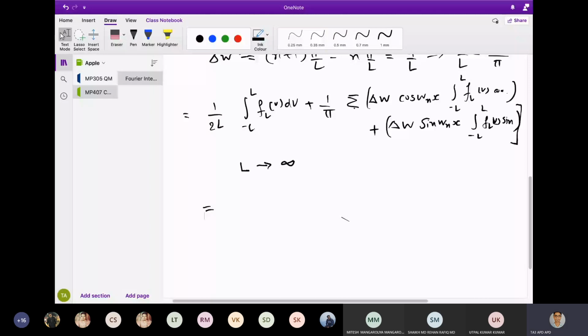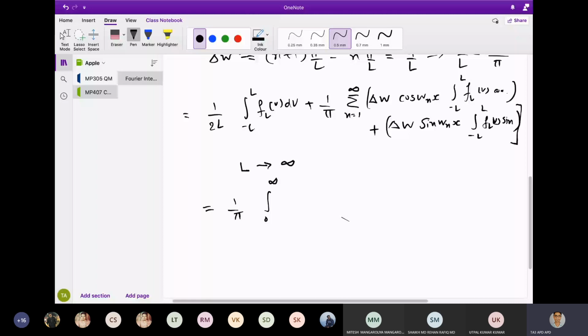1 upon pi, the summation n equal to 1 to infinity. Now this will turn into the integral instead of the summation, so the integral from 0 to infinity with respect to w. I will just write down a different notation for this whole integral.